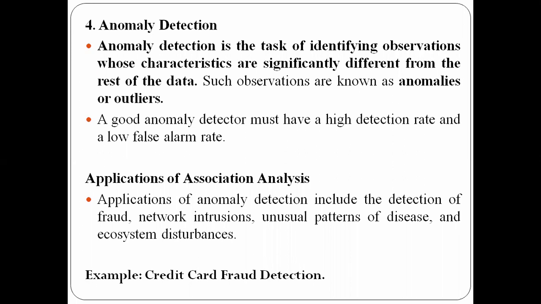Suppose there is a transaction above this threshold, for example, one day someone is trying to withdraw around 80,000 or 1 lakh. So he's performing a transaction above the threshold. That is one kind of fraud.